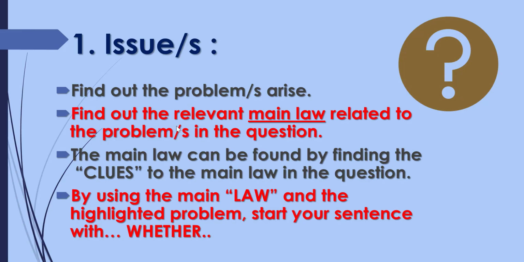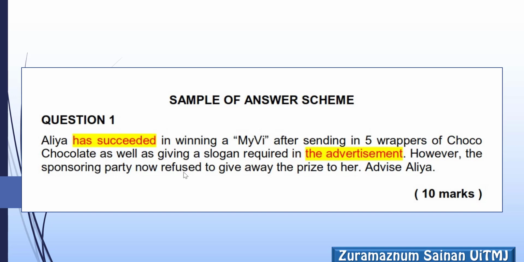And then you have to find out the relevant main law related to the problems in the question. So the main law here can be found by finding the clues to the main law in the question. So what are the clues? Or what is the clue which leads you to the law? Now, from the question, we can see that the obvious clue in the question is the advertisement.